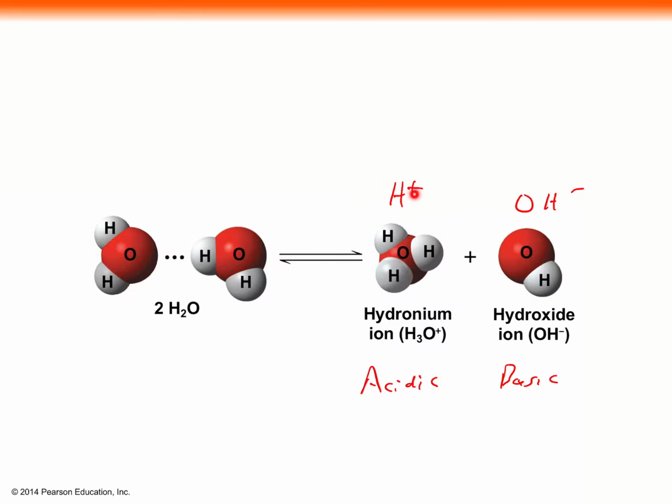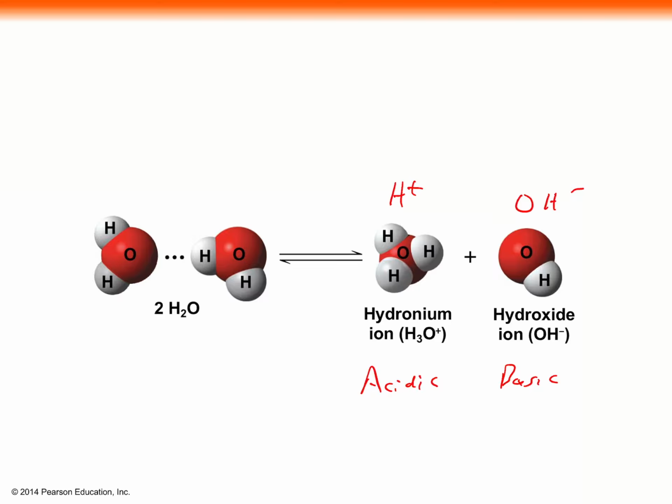If proton, this one here, increases in concentration while hydroxide decreases, because proton is acidic, that will drive our pH number down below 7 into the acidic side of things. Vice versa. If hydroxide increases in concentration and proton goes down in concentration, this will drive our pH up to the basic side of things because hydroxide is basic.